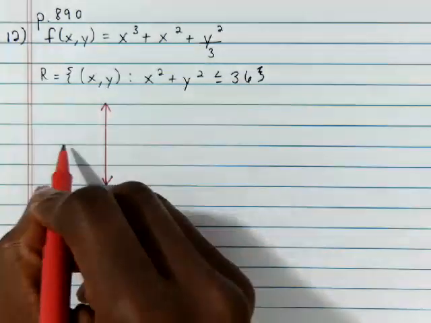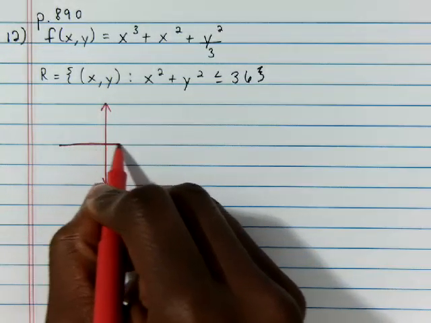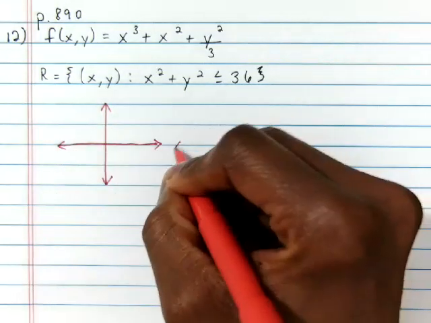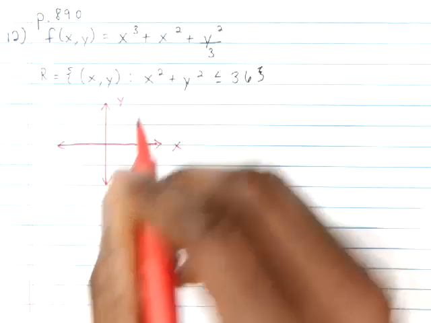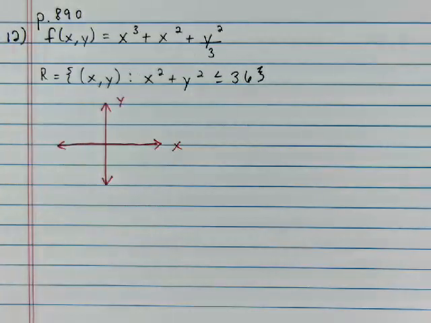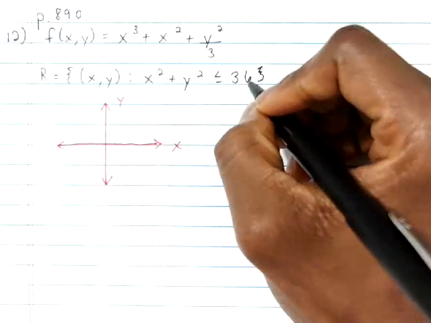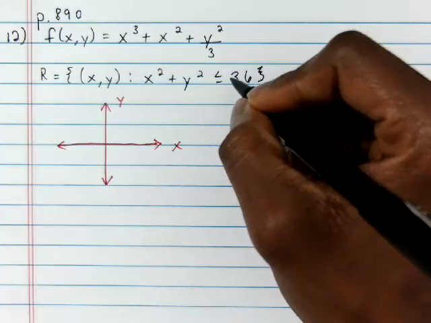The problem we did in 13.8 just so happened to be the same region as in this problem. So our region here is a disk with radius 6.